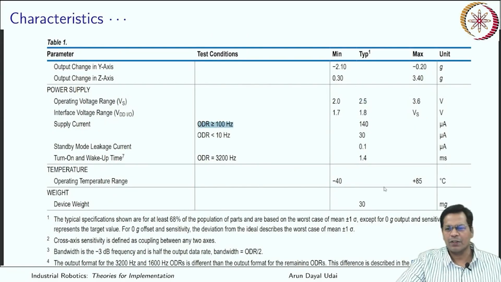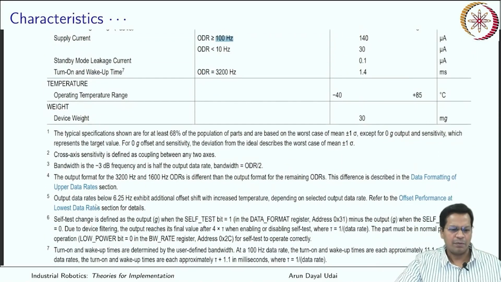Operating temperature range is also there, minus 42 to plus 80. Device weight, this is very, very important if it has to go on top of any mobile device also. ODR is given, you see output data rate, it is 100 Hertz. Okay. So your output data rate is the maximum sampling frequency with which you can get the data. Okay, so that is there. Supply current is mentioned. So you see these are some parameters.